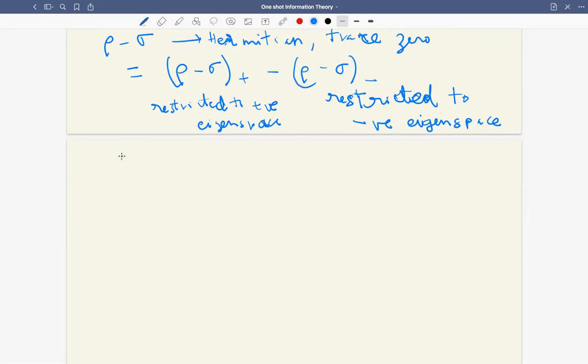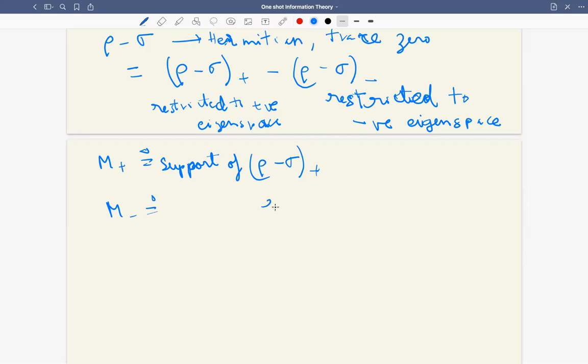So now I can define my favorite m plus. m plus is defined to be the projector onto the support of rho minus sigma plus. The support of a Hermitian matrix is basically the non-zero eigenspace. I put the zero eigenvalue in with m plus just for the record.